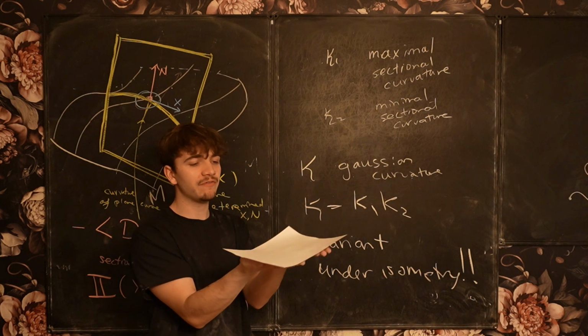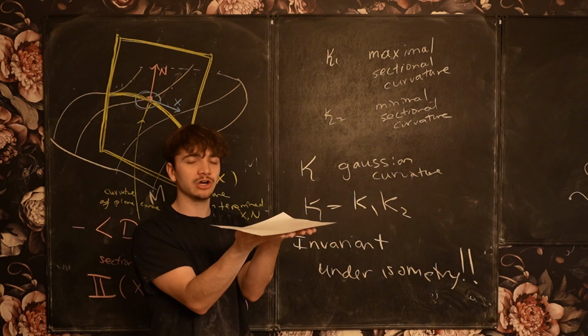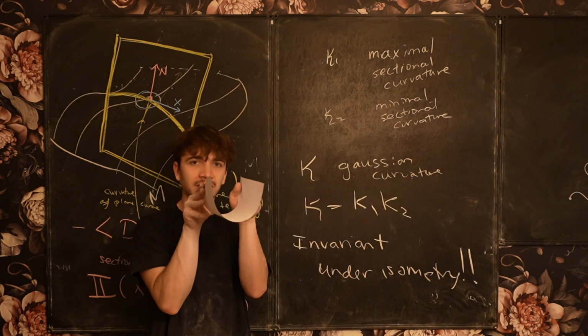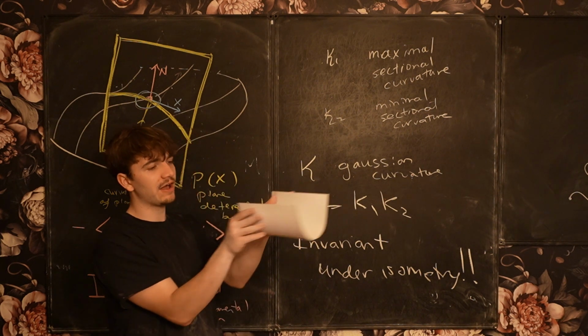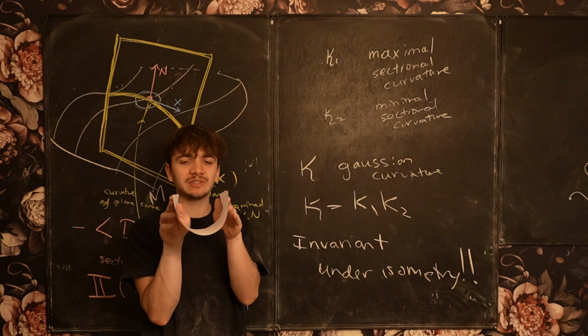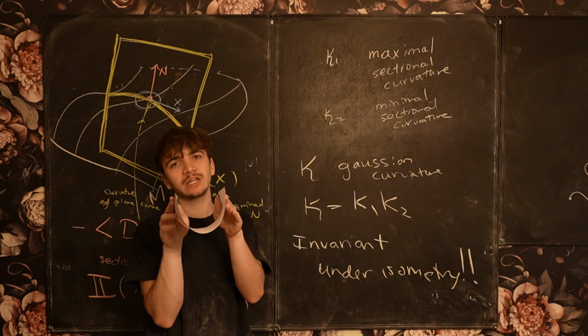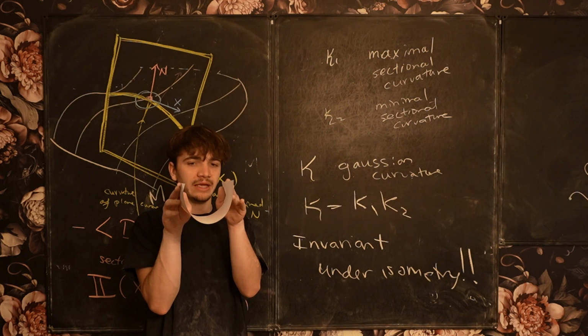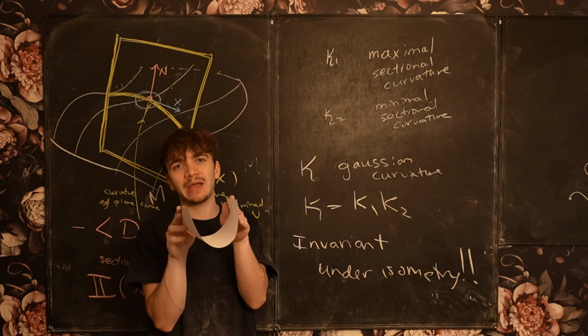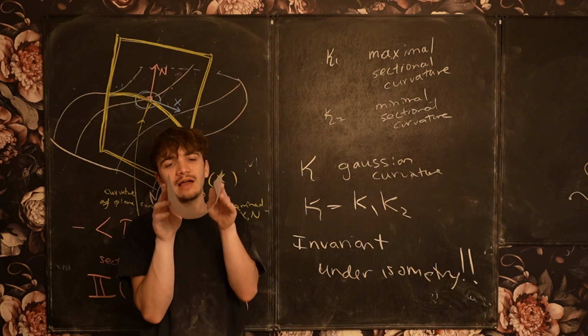However, if I change the way that I embed this surface into three-dimensional space, so let's say I now bend this surface, okay? So I now have bent the piece of paper, but I haven't changed the geometry of the piece of paper. I've just embedded it differently in three-dimensional space. Locally, I haven't changed its properties. I haven't torn the paper.